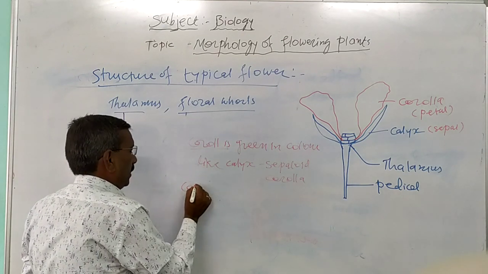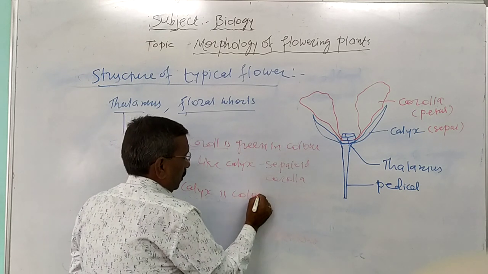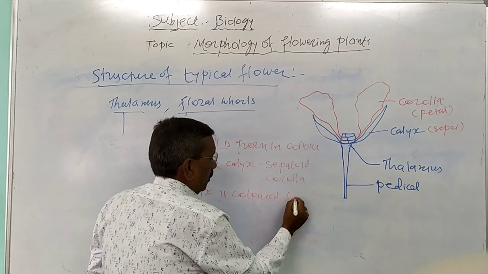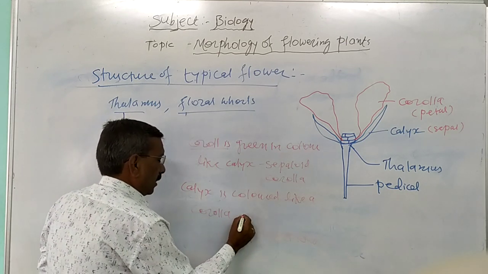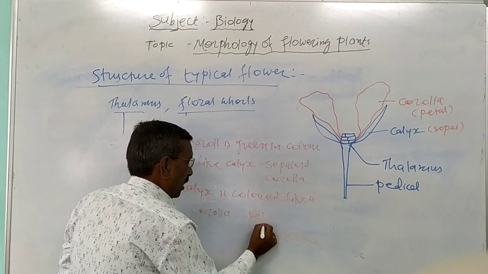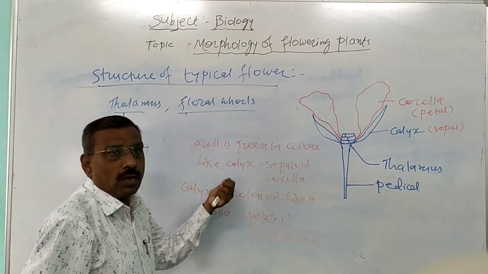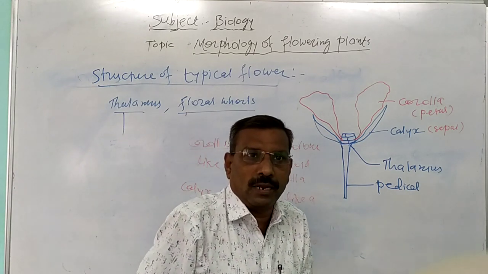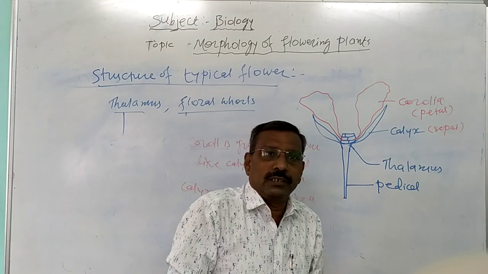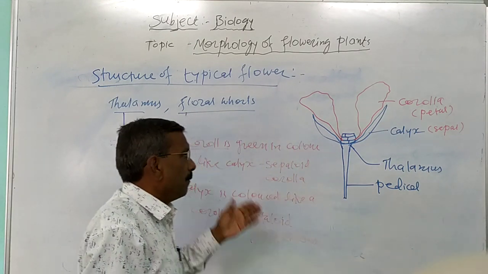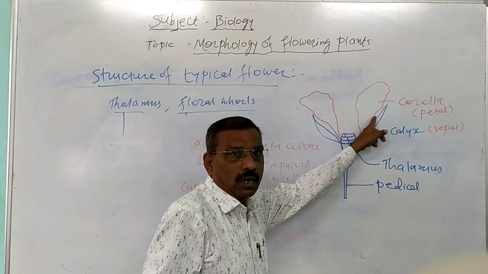Likewise, when the calyx is colored like a corolla or like a petal, it is known as a petaloid calyx. For example, in the gulmohar plant, the sepals are brightly colored. In this way, we have studied two whorls, that is calyx and corolla.